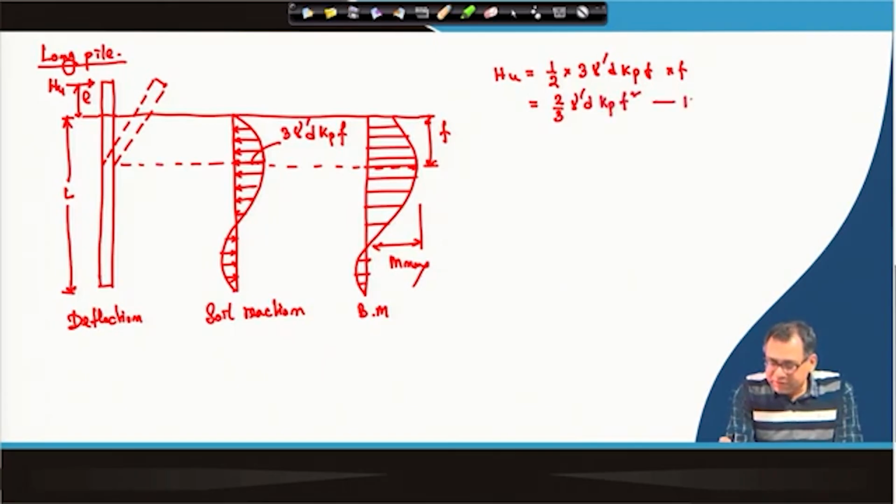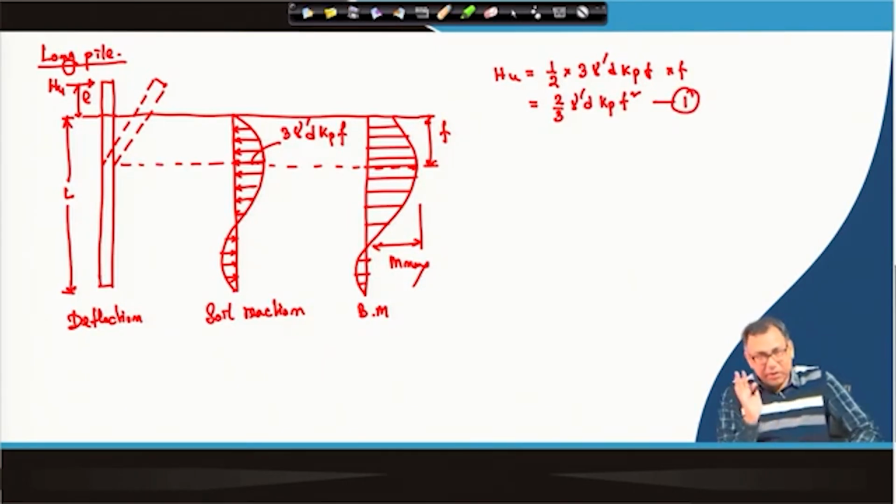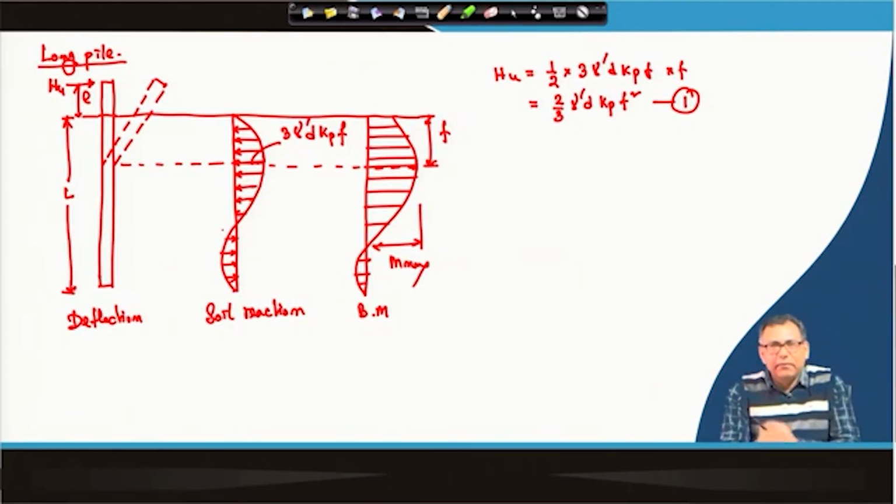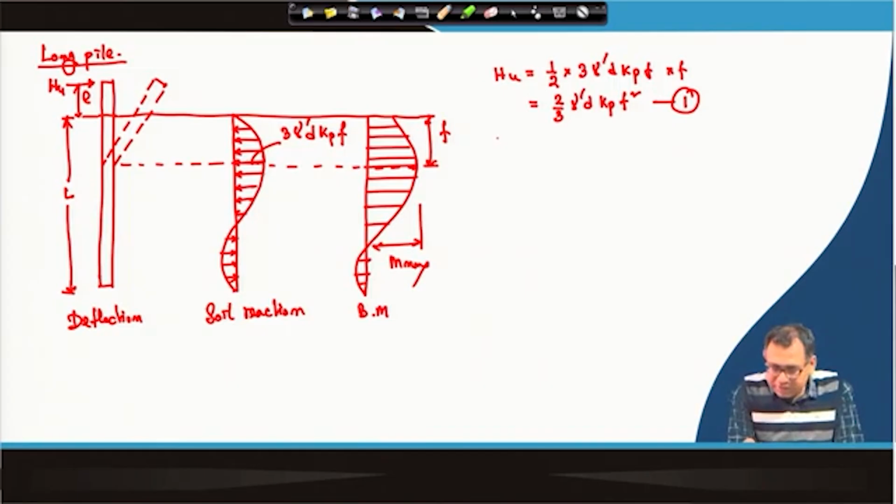So, this equation is valid here, because we assume that this portion is more or less linear, and this positive and this negative are balancing each other. So, this is one equation. Then equation 3 is also valid, equation 3 from the previous case.